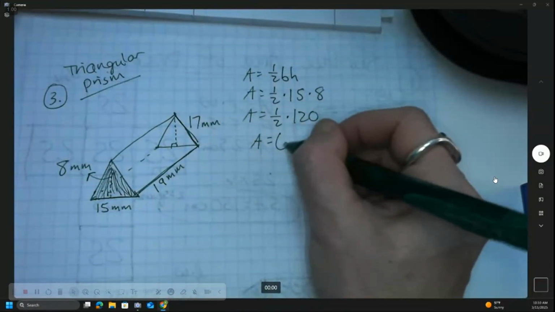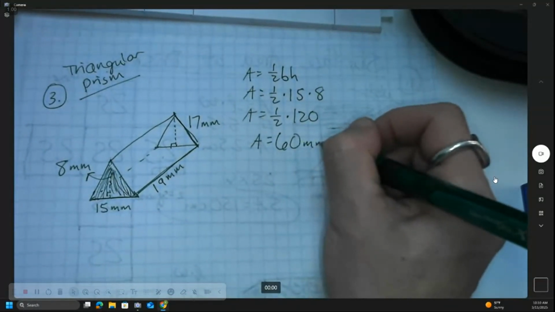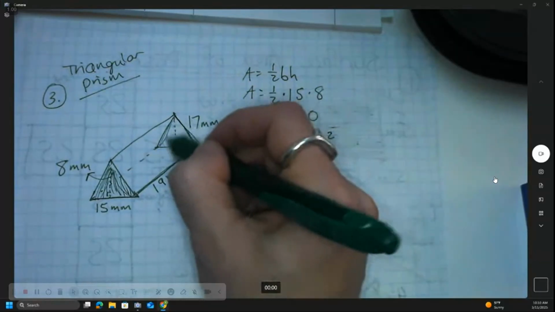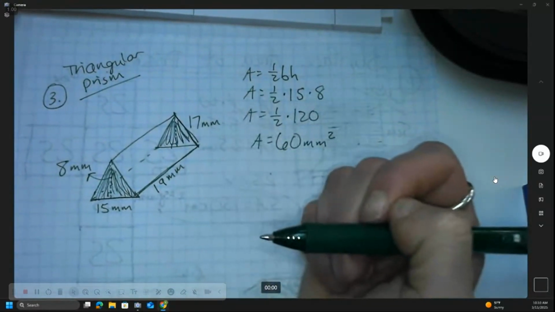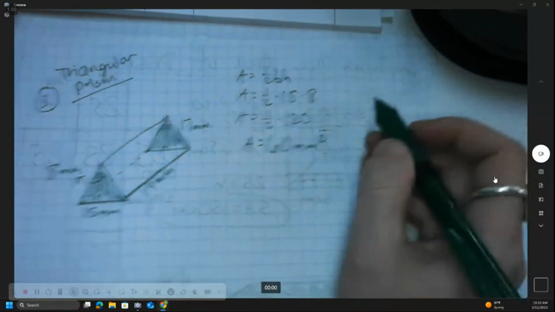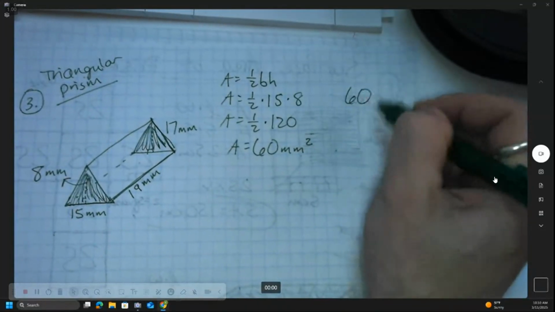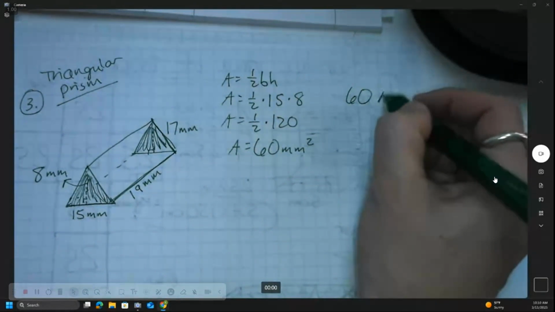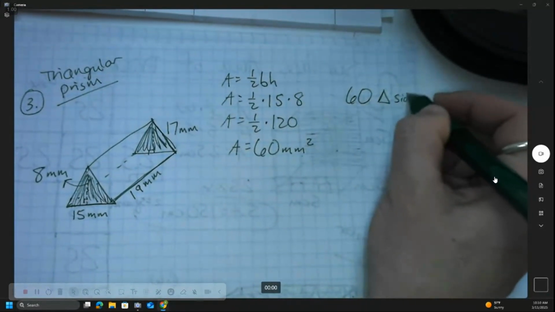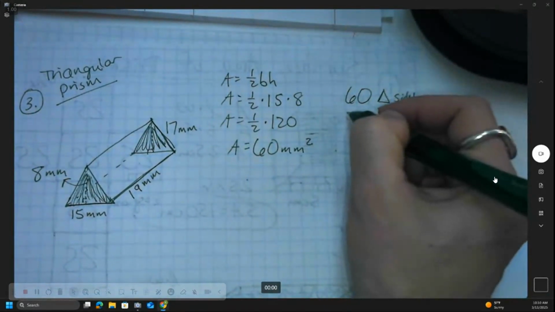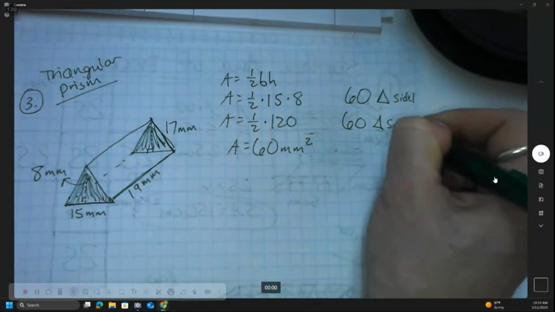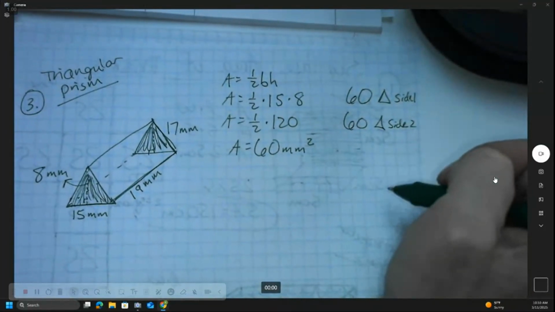So area equals 60 millimeters squared for just the bases. I'm going to list this off to the side because we're going to add them together later. We have 60 for the first base, 60 again for the other base.